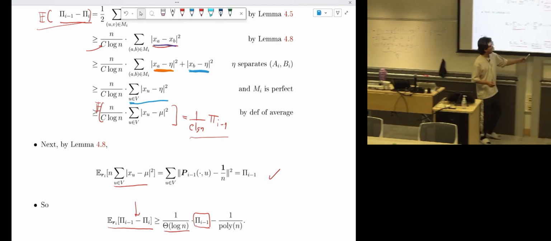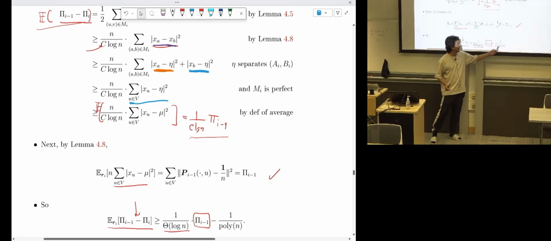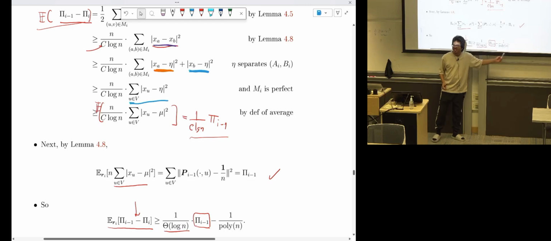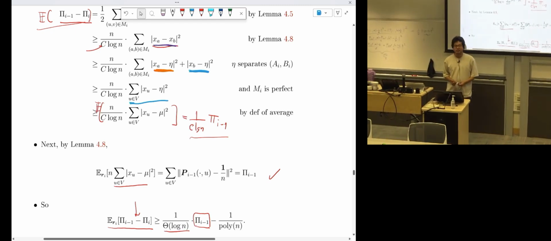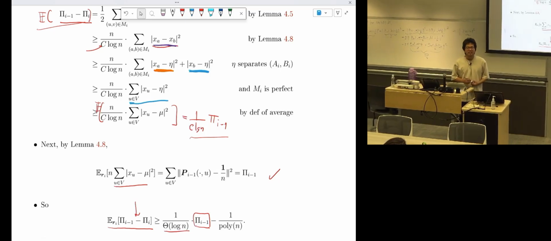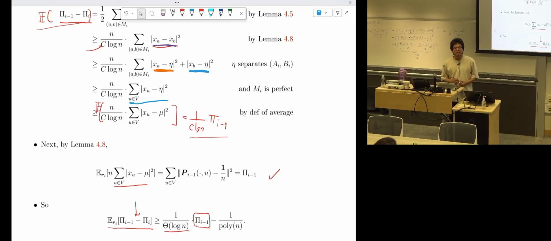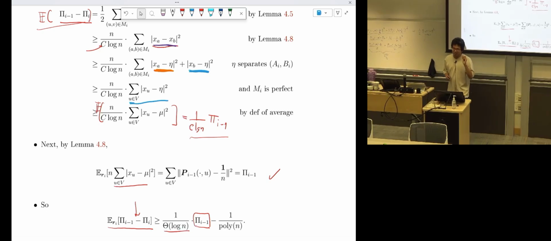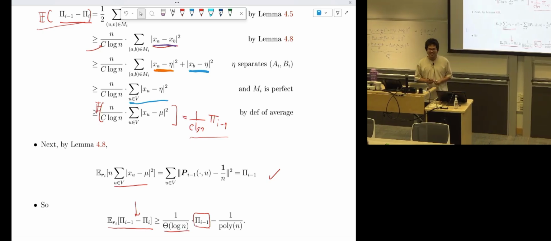This is tiny, something like 1 over n to the 100, but it must be there. Why is that? Does that come from the fact that the sum has the projected position, but the potential function has the actual position? It's related, but that's not quite the precise thing I'm looking for.